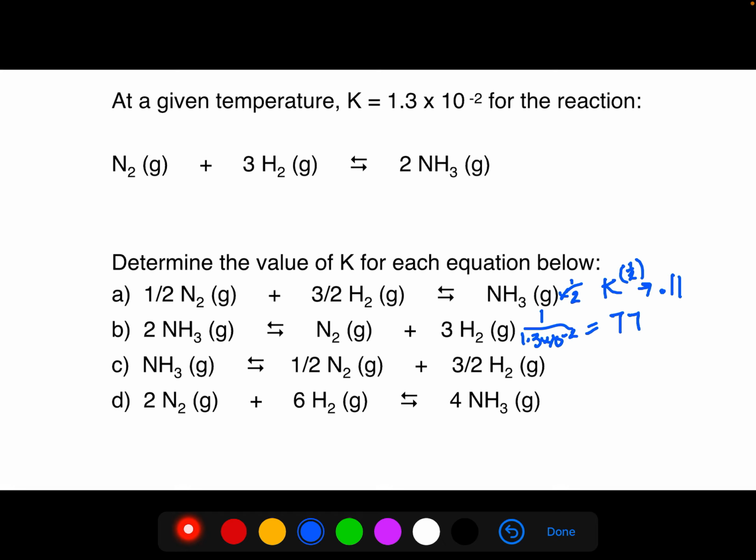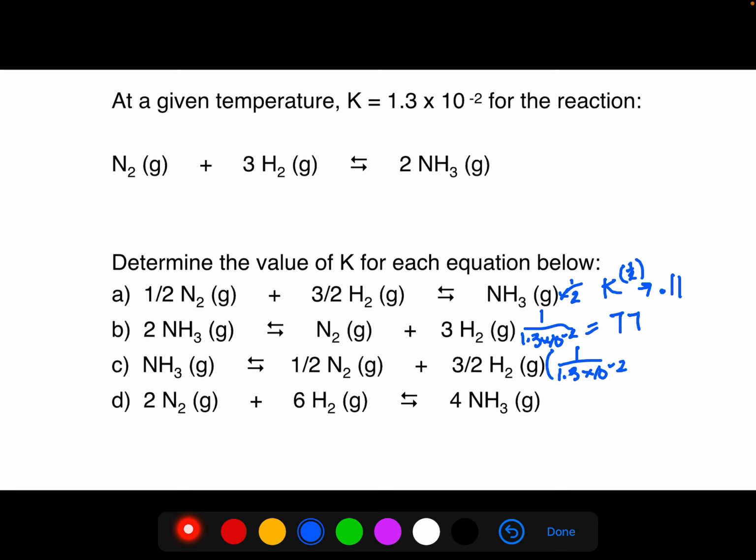Looking at letter C, the ammonia is a product, so the reaction was flipped. So we're going to have to do 1 over K. But if you look, that is not all that has changed. The coefficients have also been multiplied by 1/2.